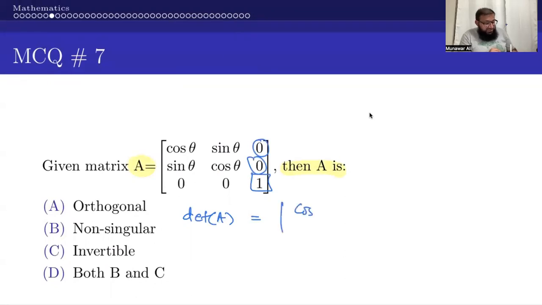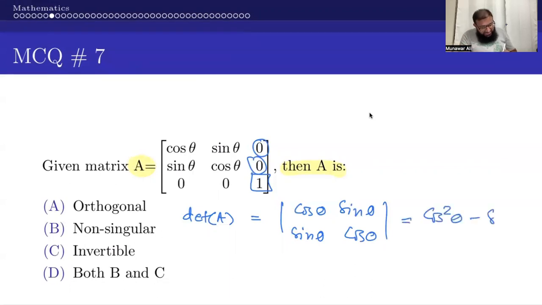Then I will get cos theta, sin theta, and sin theta, cos theta. Or you can use your own method to find the determinant. This becomes cos square theta minus sin square theta. You know very well that this is not equal to 0 in general. If you take any particular value of theta, this can be 0, but it is not 0 in general.